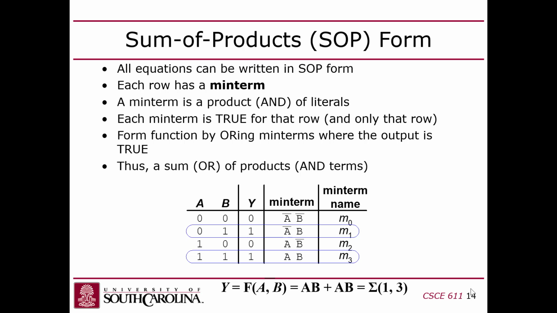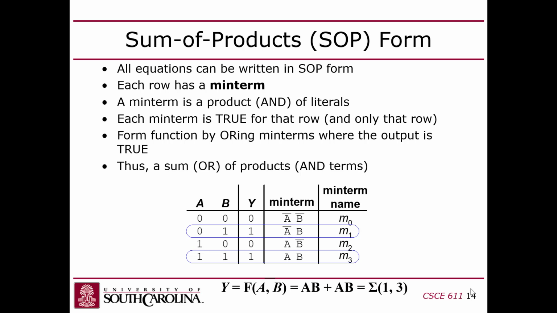But if you do De Morgan's law, it'll convert the sum of products into product of sums, right? So another way to do this is, instead of finding the rows with a 1 output, you can find the rows with a 0 output and construct the product of sums for those rows, and then you do De Morgan's law, and it converts it into sum of products.